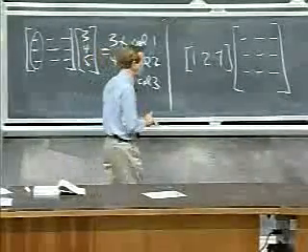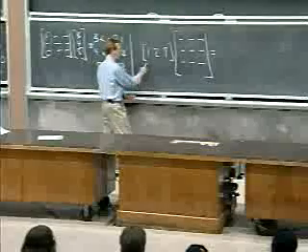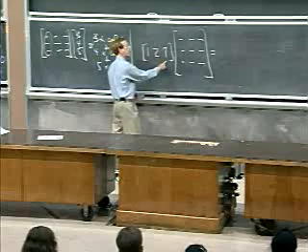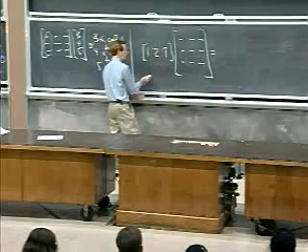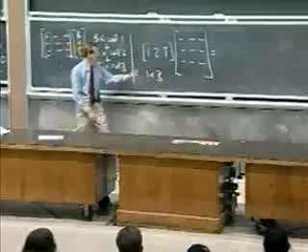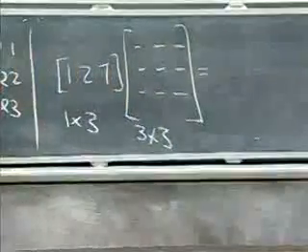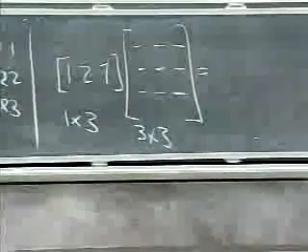Okay, how does it work by rows? So this is a row vector. I could say that's a 1 by 3 matrix, a row vector multiplying a 3 by 3 matrix. What's the output?